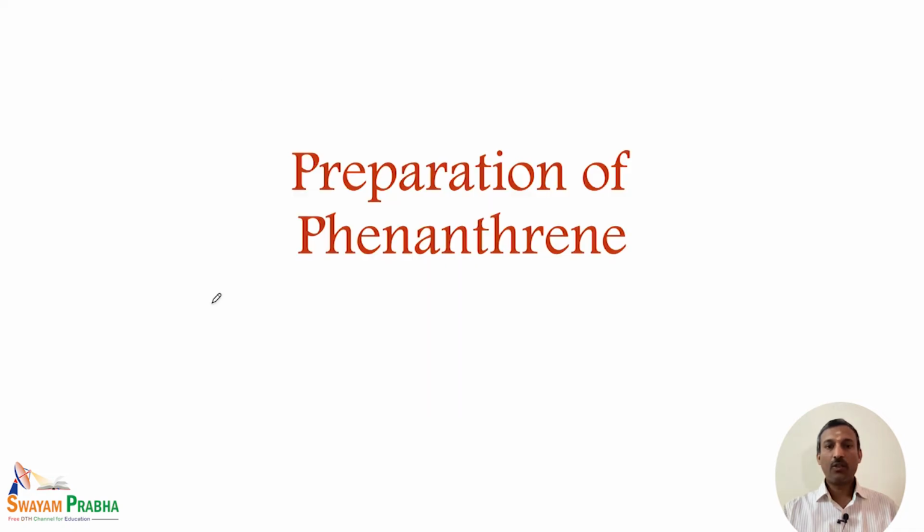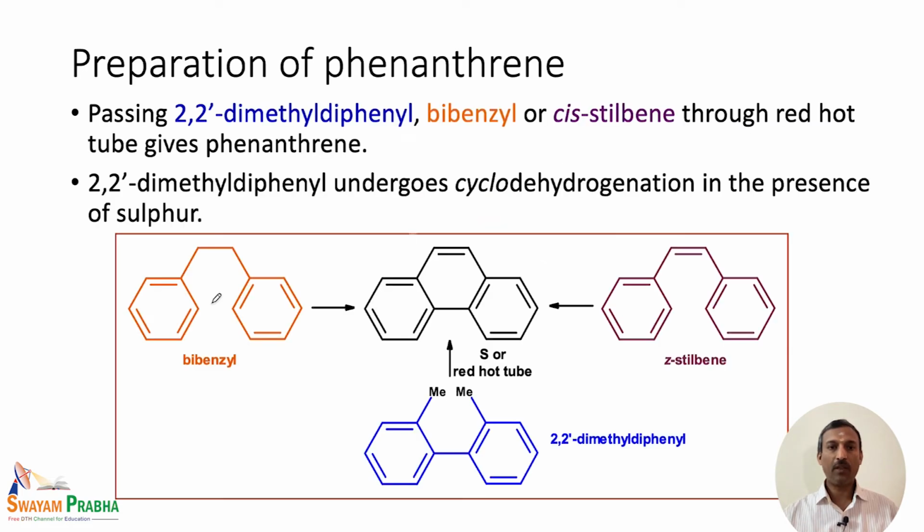Let us continue our phenanthrene structural elucidation by the preparation of phenanthrene from various derivatives. As we have seen, phenanthrene has three ring structures, and these three rings are connected in an angular fashion, and by running various cyclization reactions we can deduce how phenanthrene can be formed.